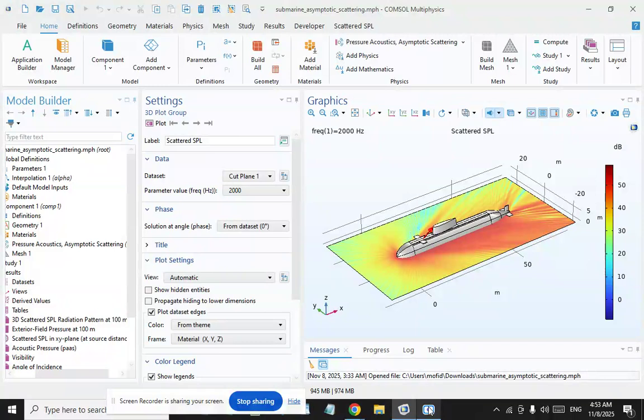The results of a calculation of target strength in relation to the shape of the vehicle, the thickness of the hull, and the frequency of the acoustic wave that hit the vehicle are presented in this section.